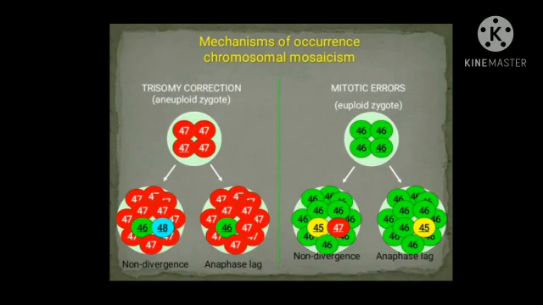With non-disjunction in a mitotic error, three types of karyotype appear in one organism: 46 in the larger part of cells, a normal karyotype, and in the smaller part 45 chromosomes in one type of cells and 47 in another type. With anaphase lag, the opposite condition, there are only two types of cells in one organism: most cells have 46 chromosomes, and a smaller number of cells have an abnormal number of chromosomes, 45.